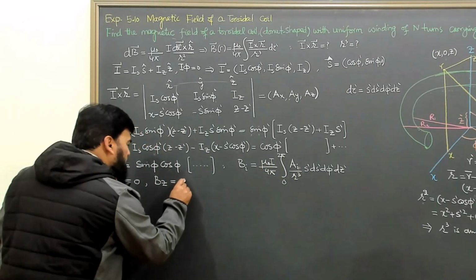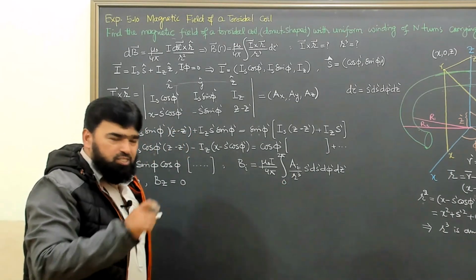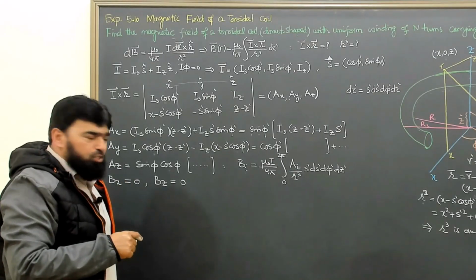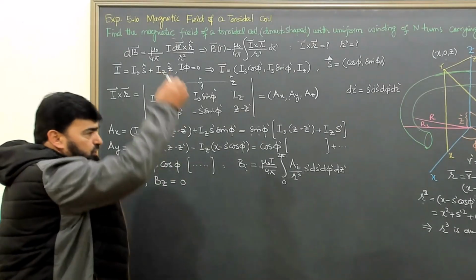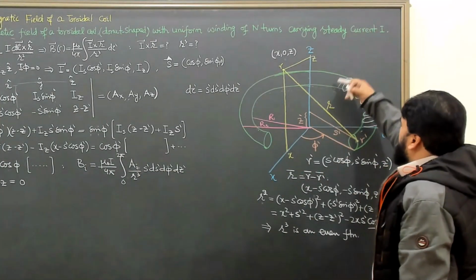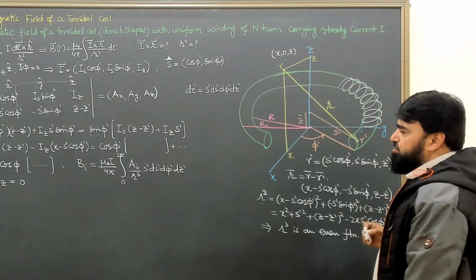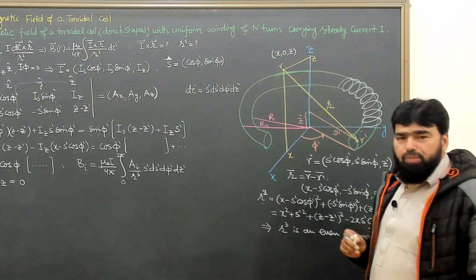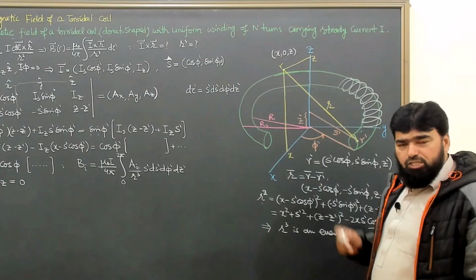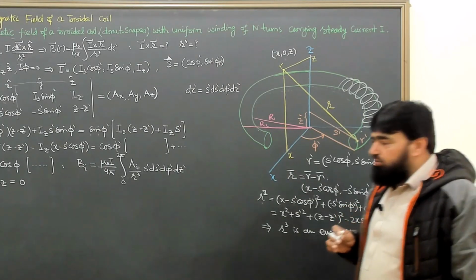So it means this will also go to 0. We don't even think of R cube, although that is even, but here the odd and even combination is there. So the axial contribution of this current to the magnetic field is coming out to be 0. So the axial magnetic contribution is 0 to the net magnetic field.